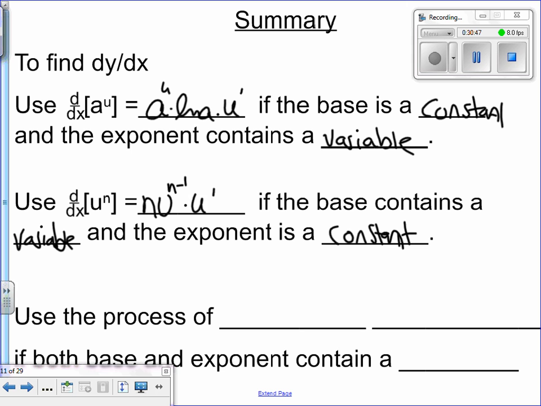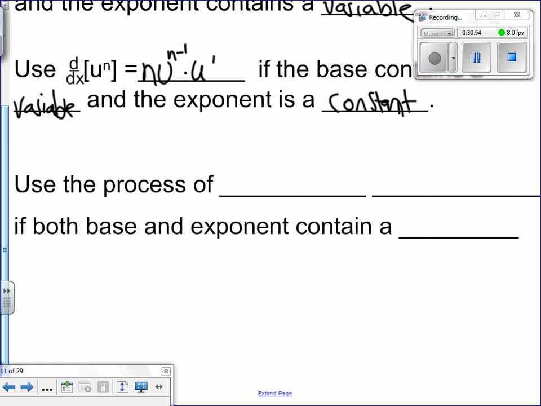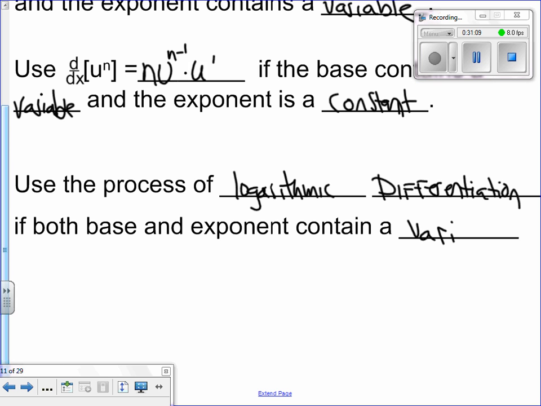And finally, use the process of logarithmic differentiation when both the base and the exponent contain a variable. Very nice.